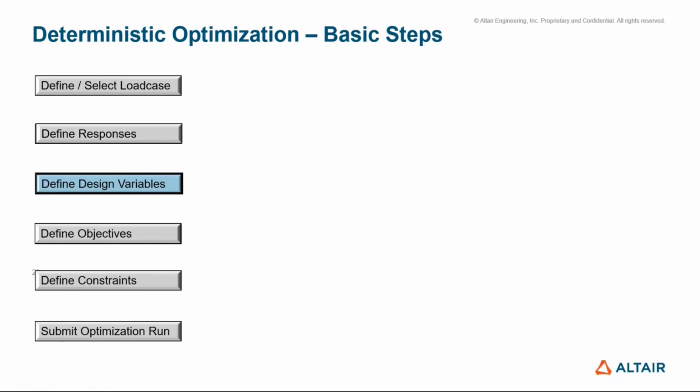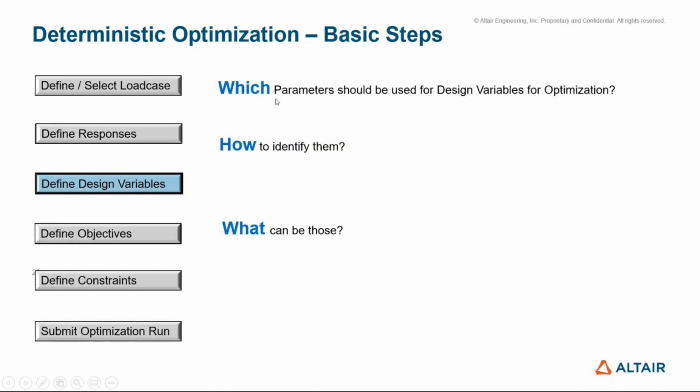Whether your optimization will be successful or not, to a great degree, depends on what kind of design variables you define. So it's very important to understand and decide which parameters should be defined as design variables for optimization. How do you identify them, and what are those typical design variables? The parameters which should be used as design variables for optimization are the ones which are sensitive or contributing parameters for that response.